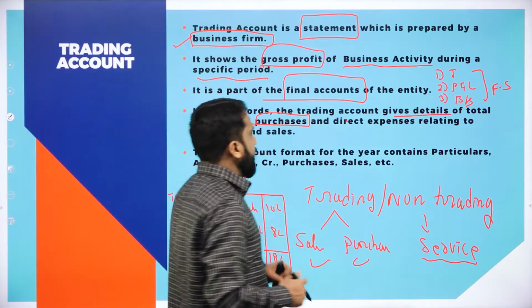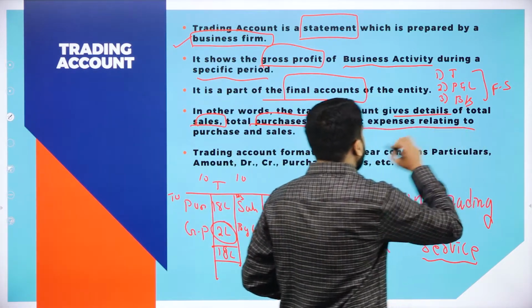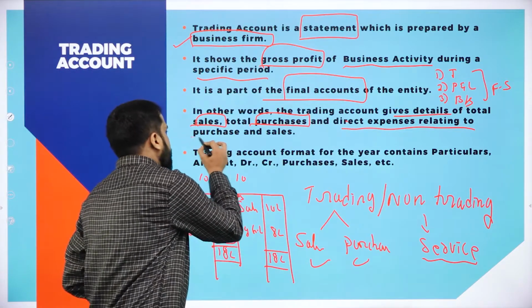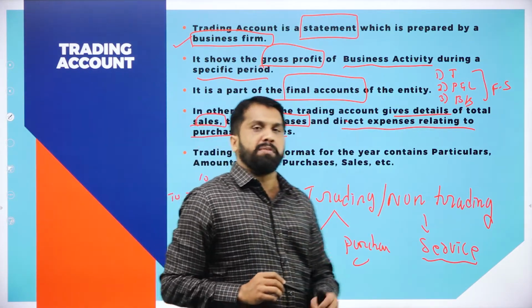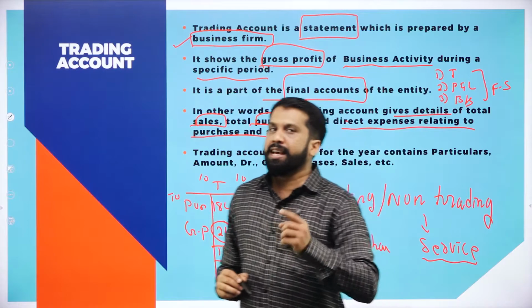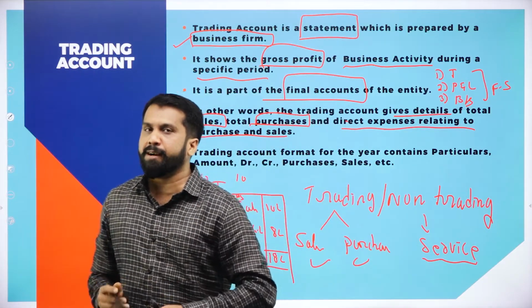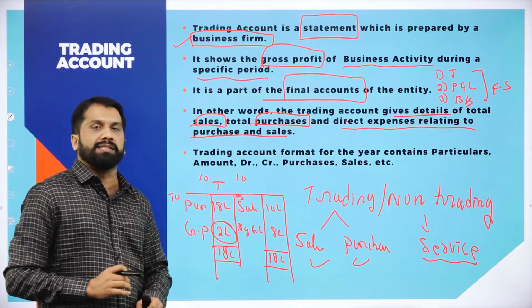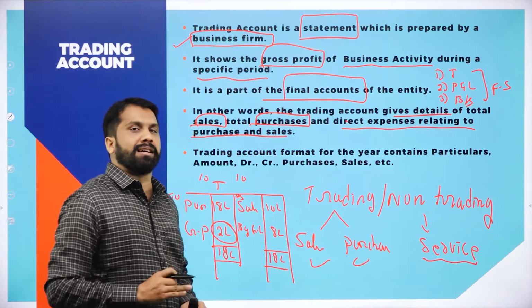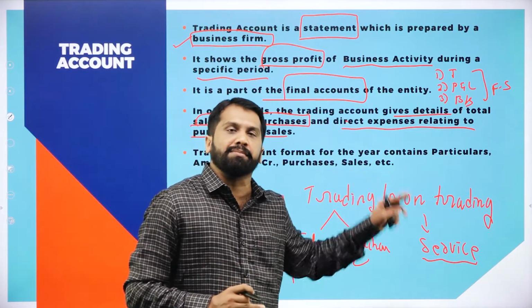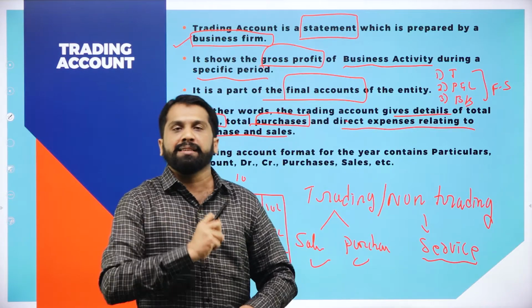Now, direct expenses relating to purchase and sales. We will not consider only purchase and sales. Along with that, we'll also consider what the direct expenses are and what the direct incomes are. Normally direct incomes are nothing other than sales.